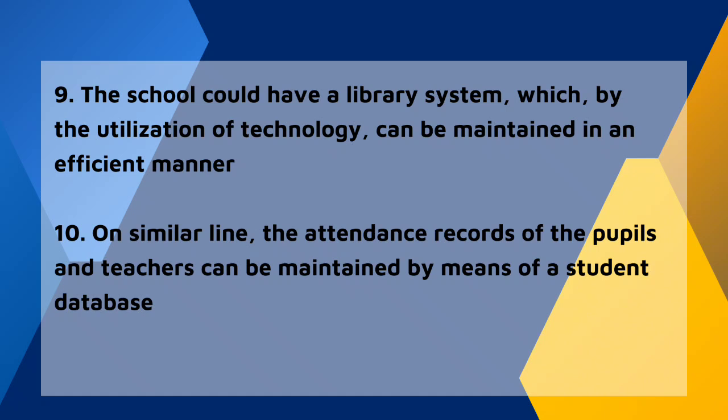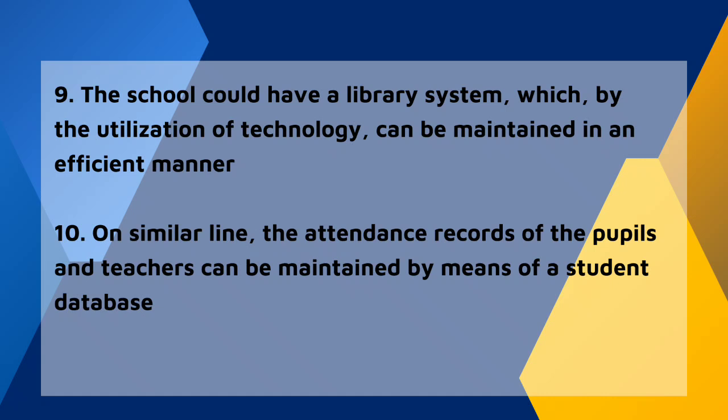The ninth one, the school could have a library system which by the utilization of technology can be maintained in an efficient manner. So the primary objective of any library system is to collect, store, organize, retrieve, and make available the information sources to the information users.